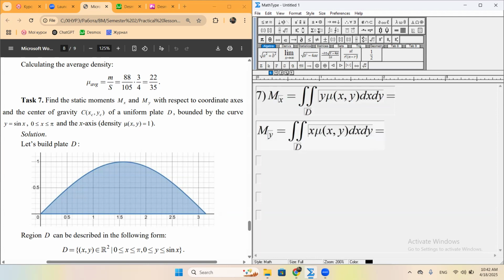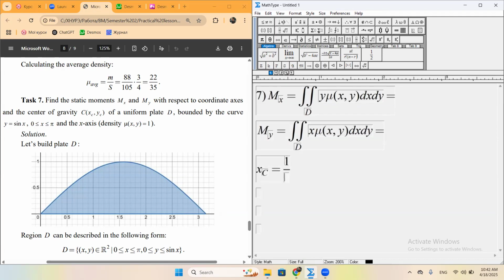Then what about the coordinates of the center of mass? We have the following formula.